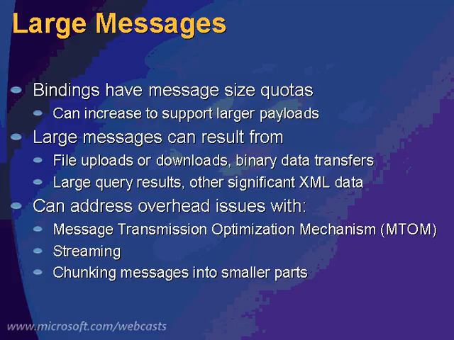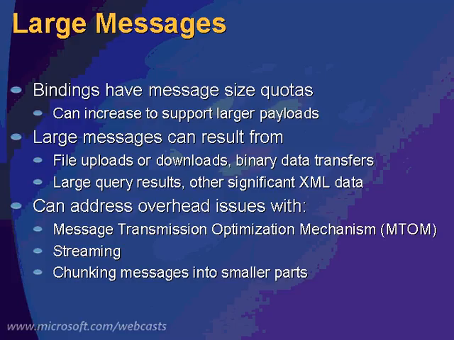When we have large messages, the first thing that will go wrong is that you're not going to have a large enough received message size setting at the binding to support that, because the default is 64K.